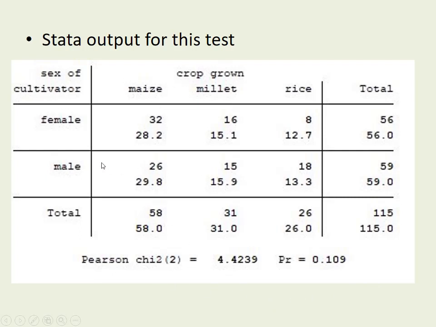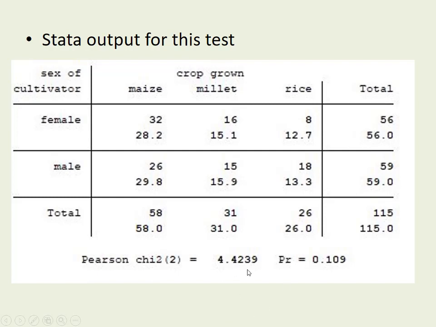Output. Basically use a tabulate command, which I didn't put in there, but you'll get it in the lab. Use a tabulate command to get out this. If you put the correct options in, it gives you the observed values, and it can give you the expected values as well. So we calculated above, and it tells you, here's the chi-squared.